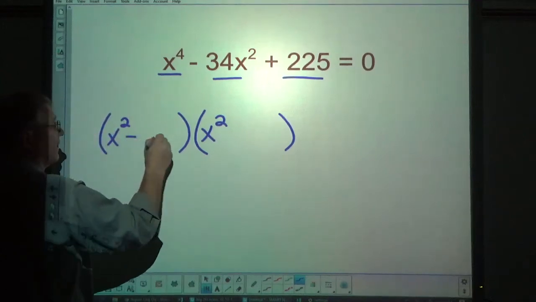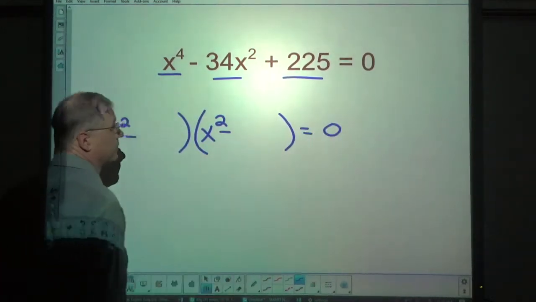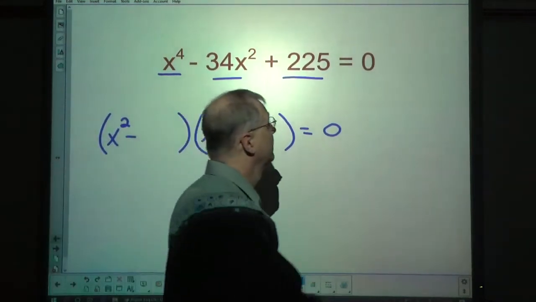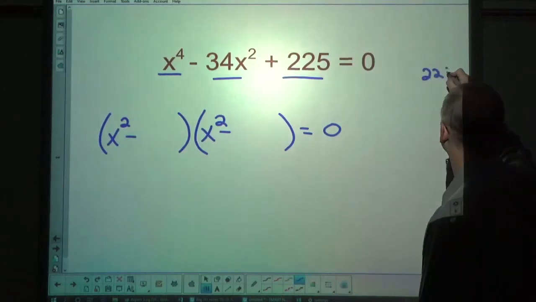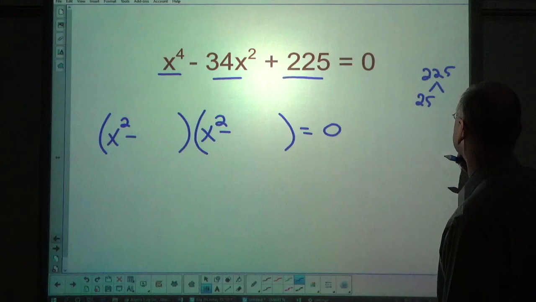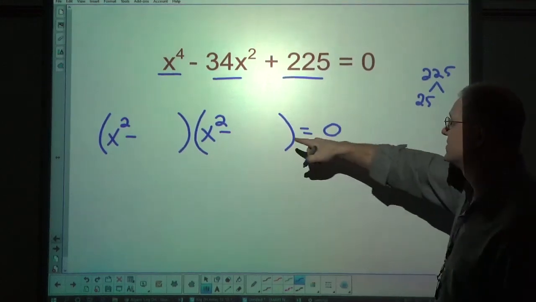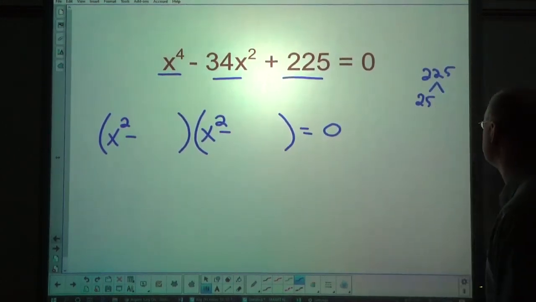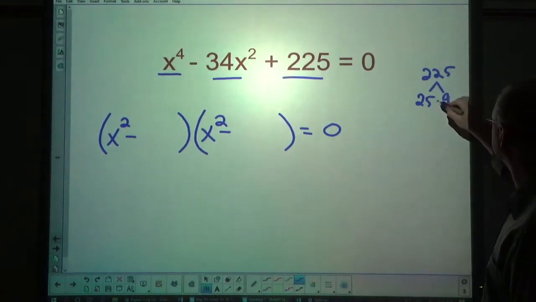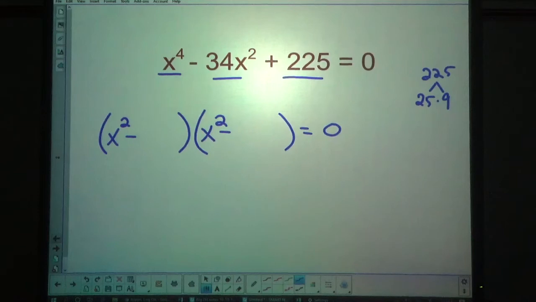We know it's going to be a minus and a minus, and 225. Let's see, 225. 25 we know goes into that. Remember, these are the same sign. We're adding the numbers. Let's see, that would be 9. Now, wait a minute.